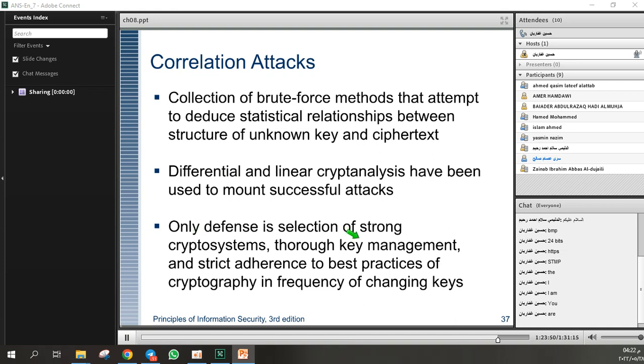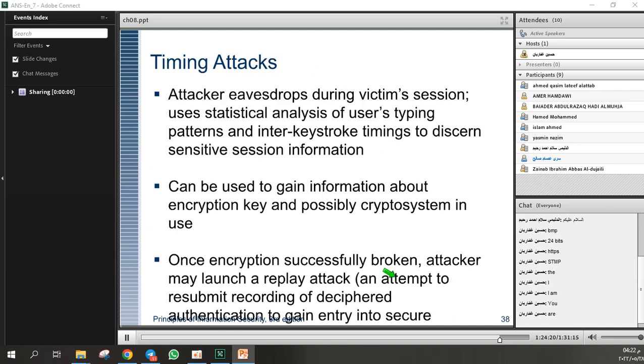I need to use key management systems and best practices over the internet, especially when I'm exchanging the keys between the sender and receiver. It's very important. If someone reveals my keys, Trudy can decrypt the whole communication.